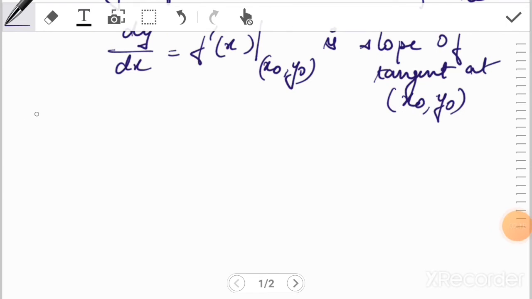Second is increasing and decreasing functions. The derivative of a function is used to check whether the function is decreasing or increasing on any interval in the given domain.